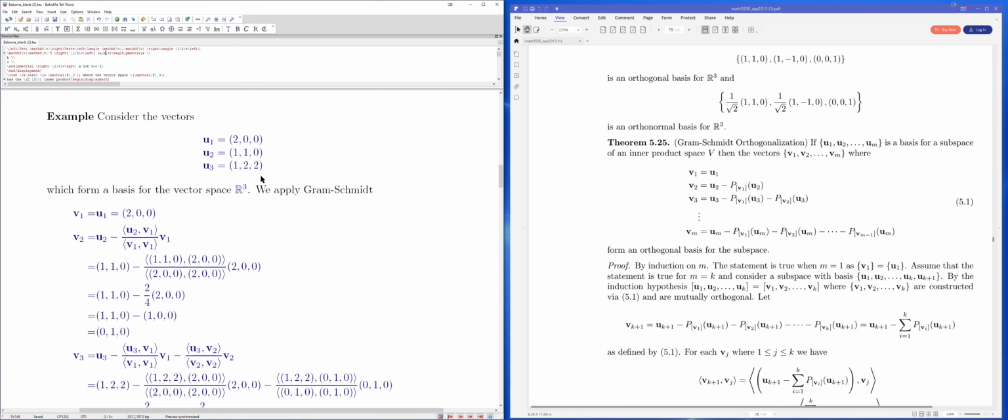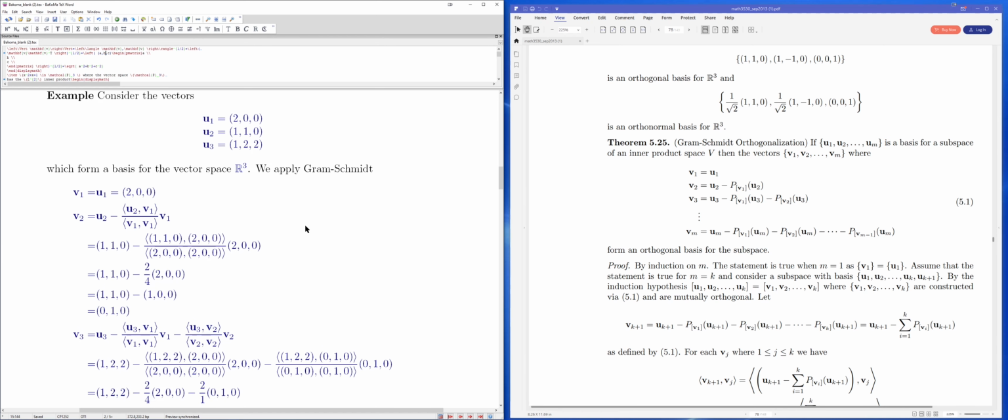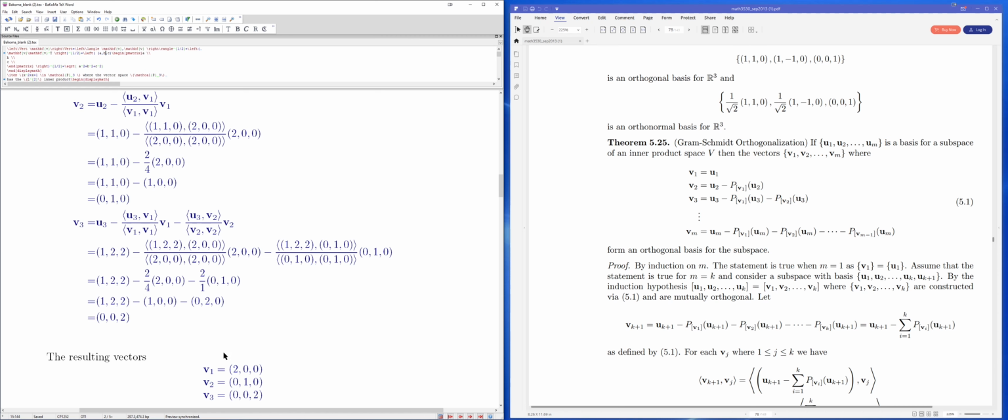So I have these vectors that form a basis for R3 and they're not orthogonal. I have this process here, which is Gram-Schmidt. What Gram-Schmidt will do for me is take these vectors u1, u2, and u3, and construct from them three other vectors, v1, v2, and v3.